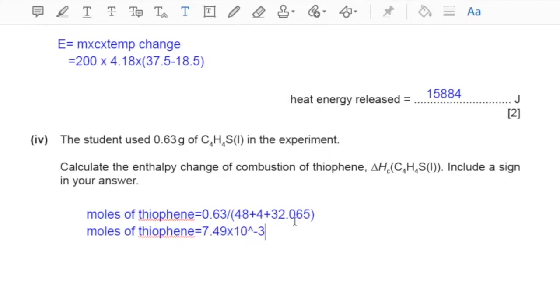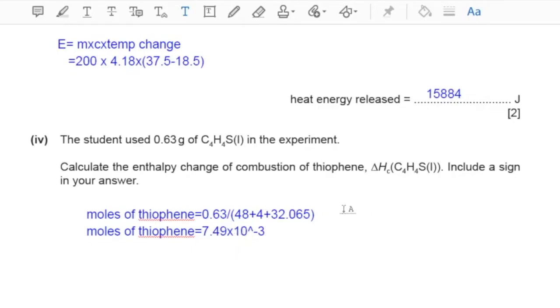Okay, so this means that the energy change for 7.49 times 10 to the power of minus 3 moles was 1584 joules. So for 1 mole, how much would it be? Since they're asking you to find the enthalpy change of combustion, which is when one whole mole of a substance, which is thiophene over here, completely combusts. Over here, this much energy was provided to combust this much of thiophene.